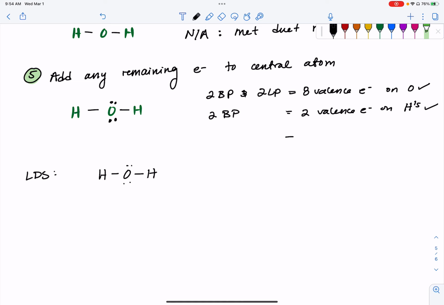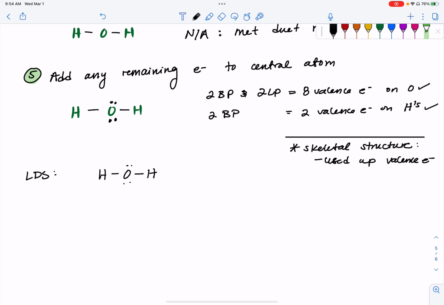So by the time you're at step 5, if there's some kind of option here, you have drawn what's known as a skeletal structure, where you have used up all of your valence electrons, and you know for certain that your outermost atoms have full octets.